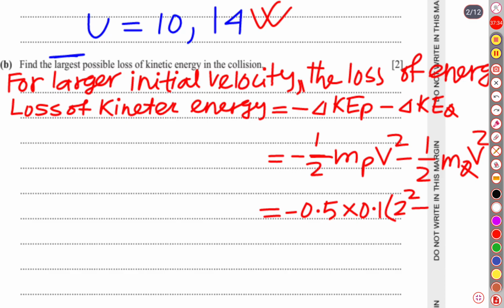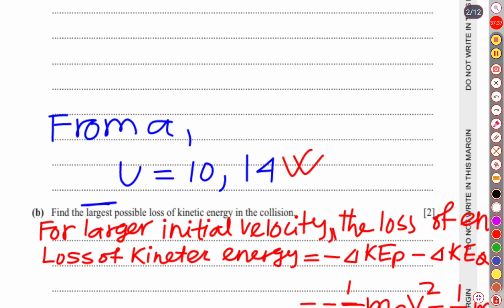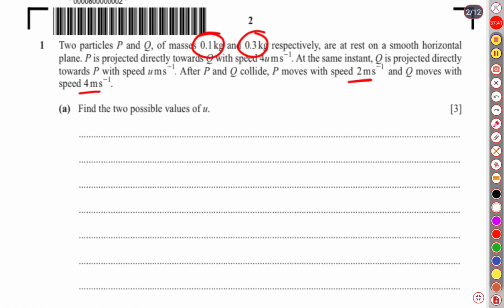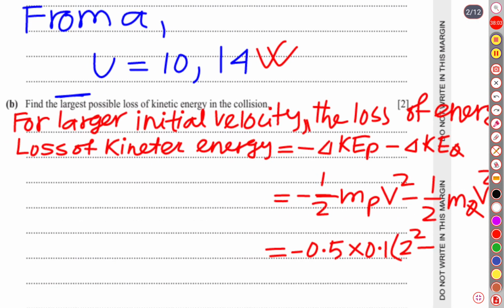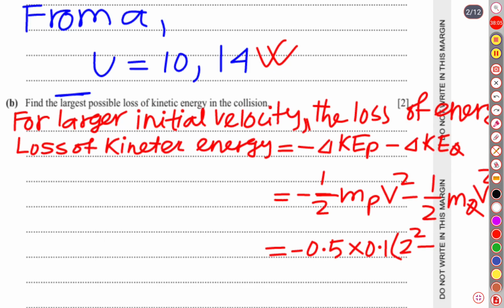Now let's see what the initial velocity of P was. The initial velocity of particle P was 4u, and the initial velocity of particle Q was only u. For P it is 4u, and we are going to apply u is equal to 14. So 4 times 14 is 56. It is going to be 56 squared.